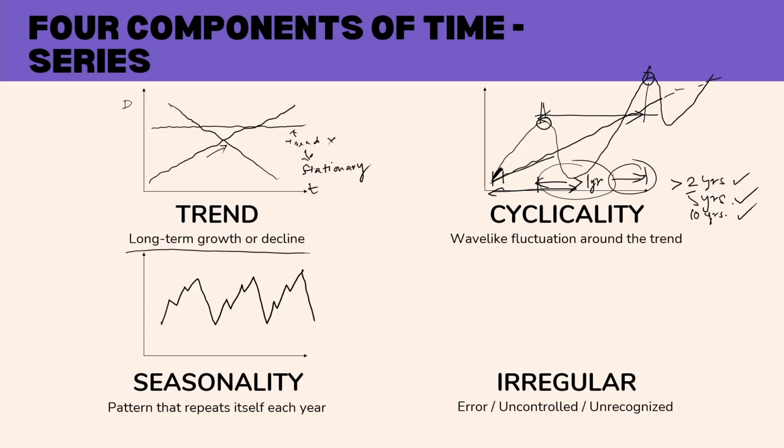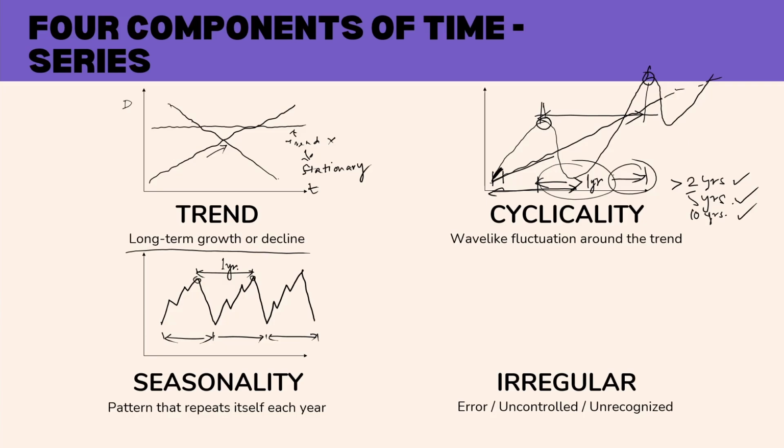So for example, you can see this is one part of data, this is another part of data, and this is the third part of data, and the nature of the fluctuations is repeating itself after a certain period of time. In case of seasonality, this is generally 1 year. So if you take two peaks or two similar data points, then the gap between them will be 1 year.